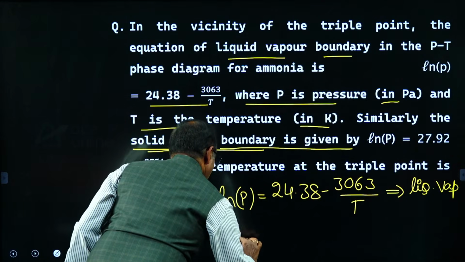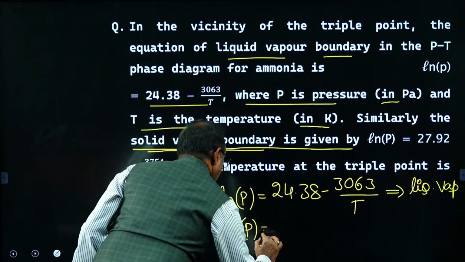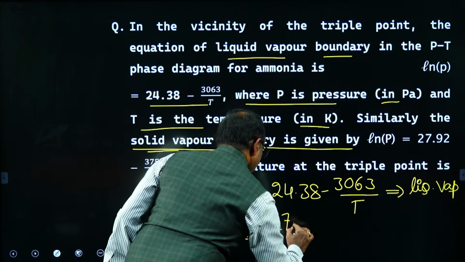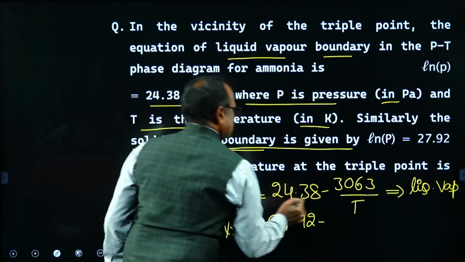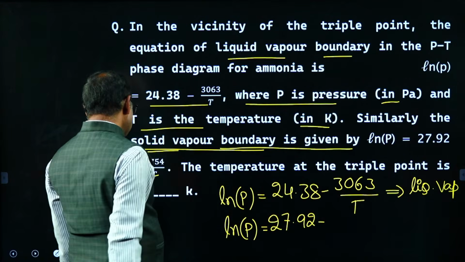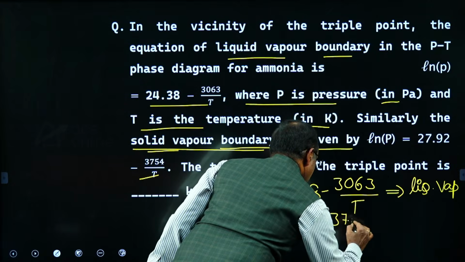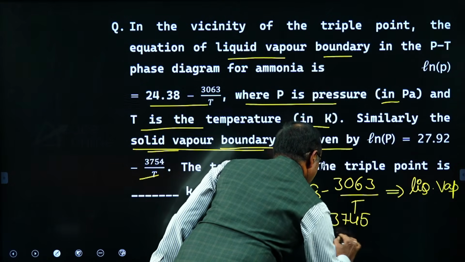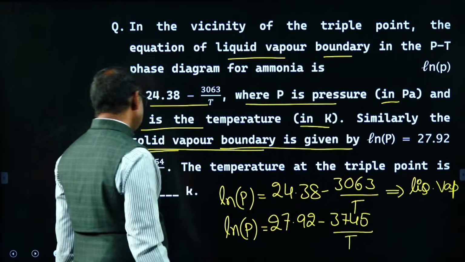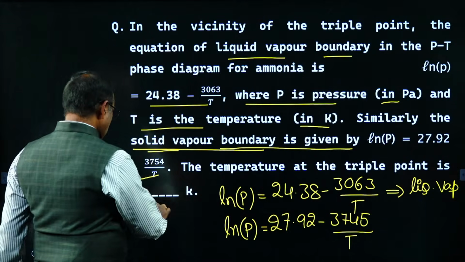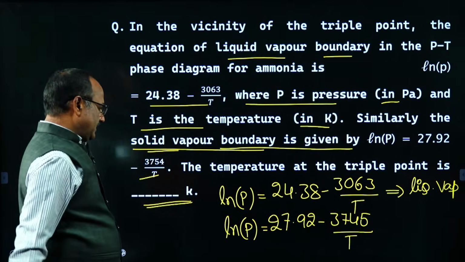For the solid vapor boundary, ln P equals 27.92 minus 3745 divided by T. The temperature at the triple point in Kelvin is, you are asked to decide the temperature which is in Kelvin.